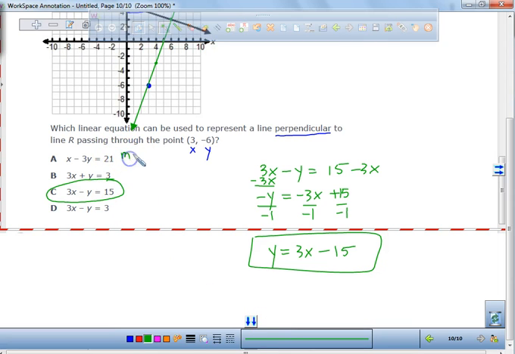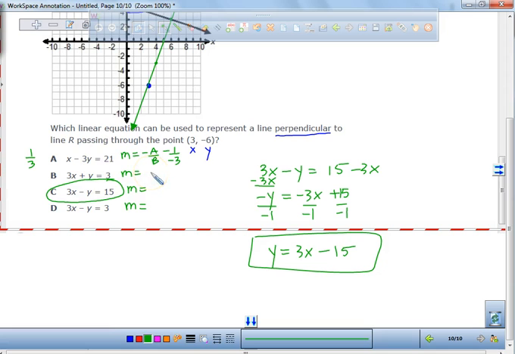What's the slope of each of these if I did negative a over b? What's my a value here? It would be x over 3y. That's 1, so it's going to be negative 1 over negative 3. So this slope would be 1/3. What would this be?